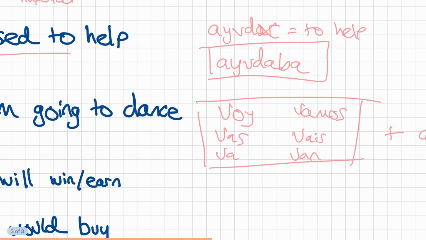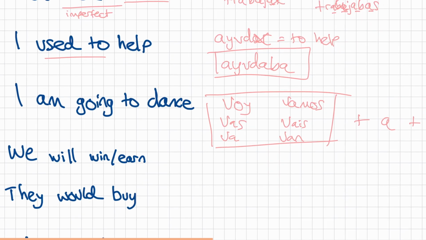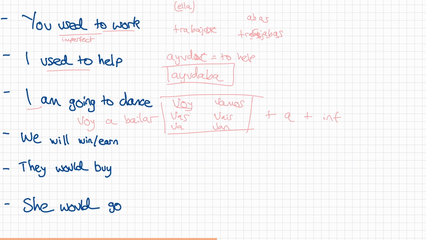So in this case, we think what that means. I is voy. So voy a bailar. Bailar is the infinitive. So this near future, if you ever see going, something's going to happen, we have three words: voy, vas, va, whichever one of these six, a, plus bailar.